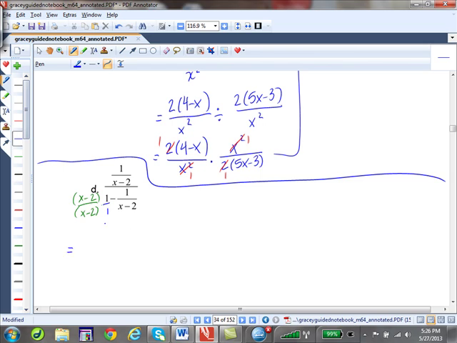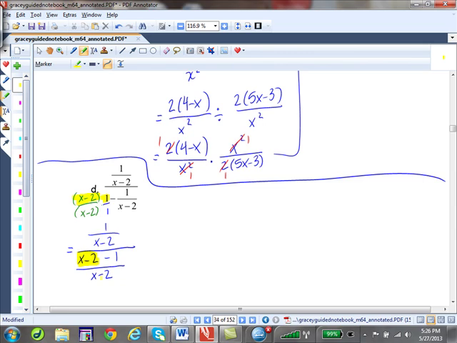This one will yield a result of 1 over x minus 2, that's the numerator. Then x minus 2 times 1 is just x minus 2. We'll be subtracting a 1, and that's over x minus 2. So this is what happened there. X minus 2 times 1 is x minus 2.